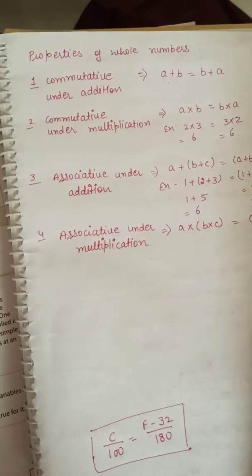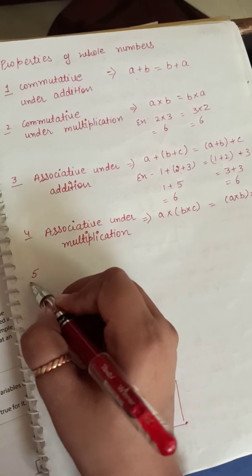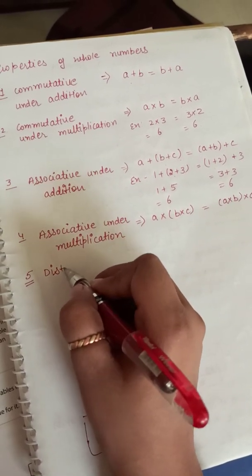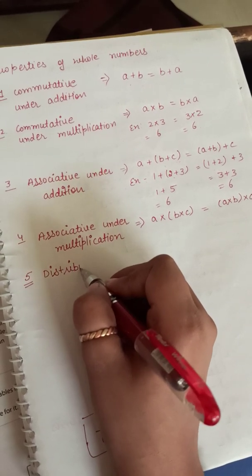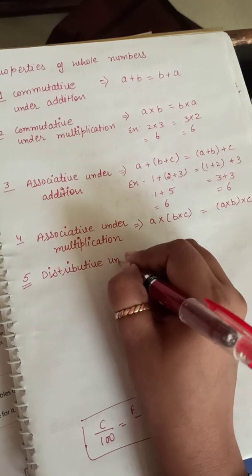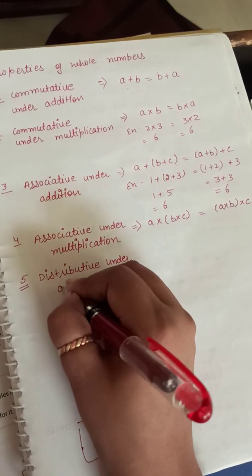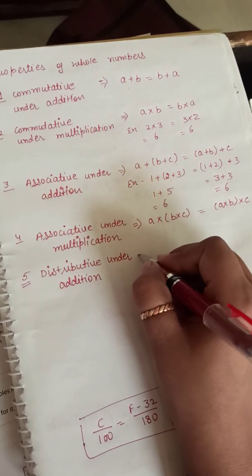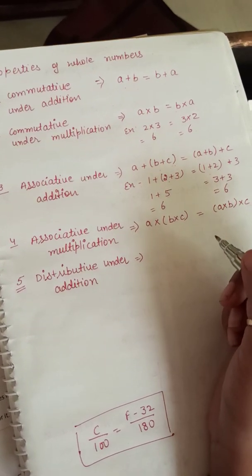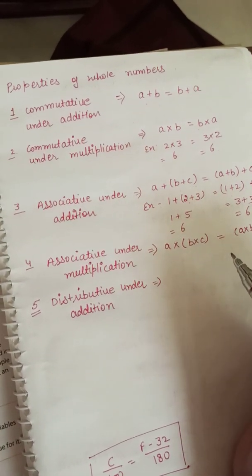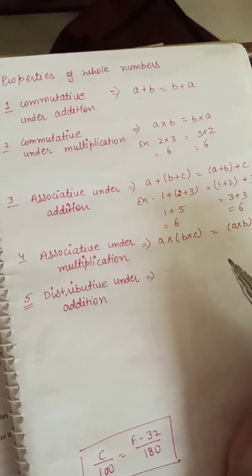Right? Now the fifth property, which is distributive under addition. In this, the property is, you can say, a combination of associative and commutative.